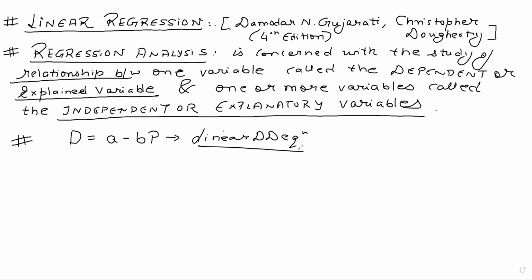But when I am writing a regression equation, I am looking at the relationship between demand and price. I am not looking at what is causing changes in demand. So this example was taken just to explain the point which I am going to write. All of you can write this point along with me.